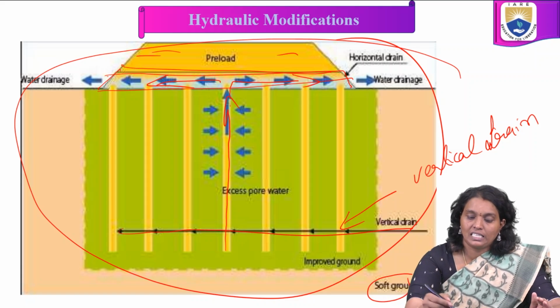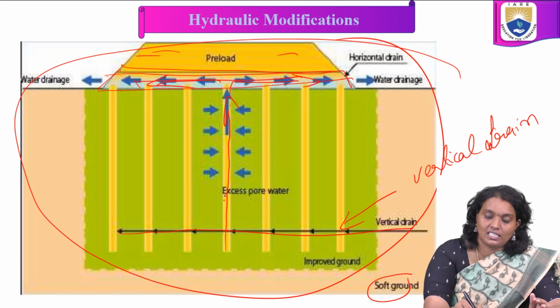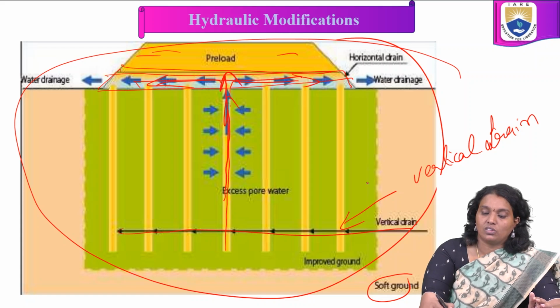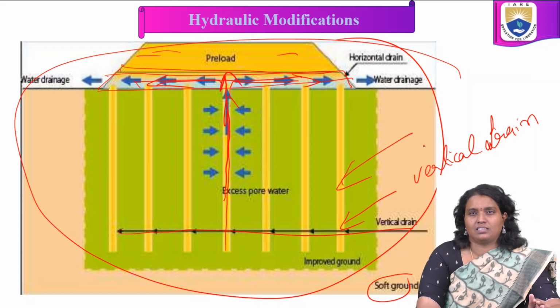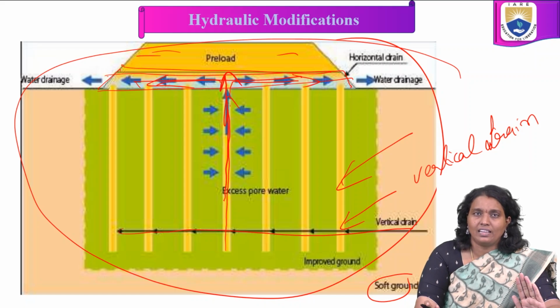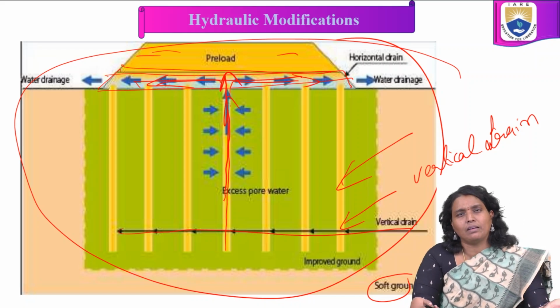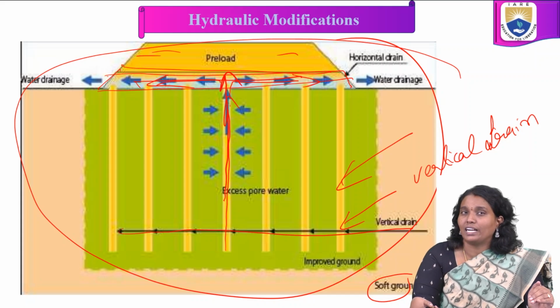These are all horizontal drainage, this is vertical drainage. So these are all the sand drains. Like that we are going to use this sand drain system for reducing the moisture content as well as for getting the effective soil weight.